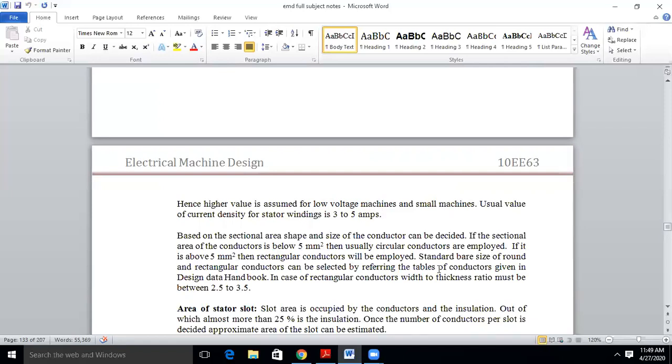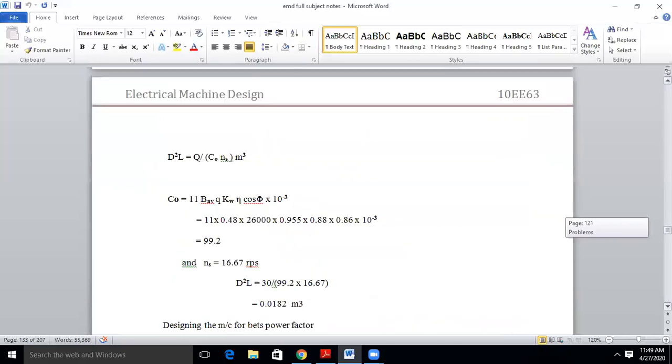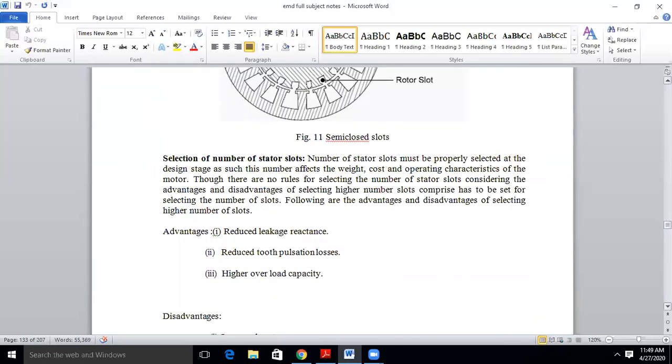The standard bare size of round and rectangular conductors can be selected by referring to the tables of conductors given in the design data handbook. In case of rectangular conductors, the width to thickness ratio must be between 2.5 and 3.5. Now let us see the area of the stator slot.